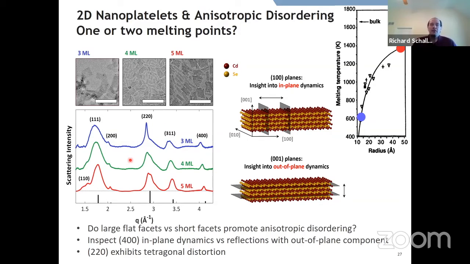And so first off, there is anisotropy, and that's plain as day in X-ray diffraction, shown here for 3, 4, and 5 monolayer thicknesses, or they're really 3.5, 4.5, 5.5, because they're all cadmium terminated on both sides. But for planes that cut through and look at both axes, kind of diagonals cutting through these systems, these diffraction patterns look pretty broad, right?